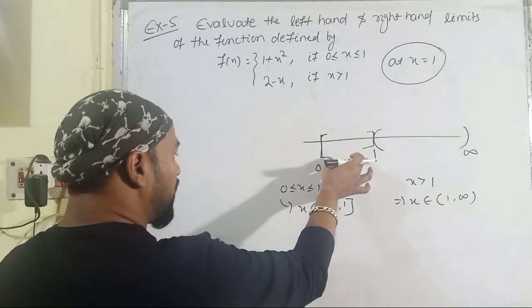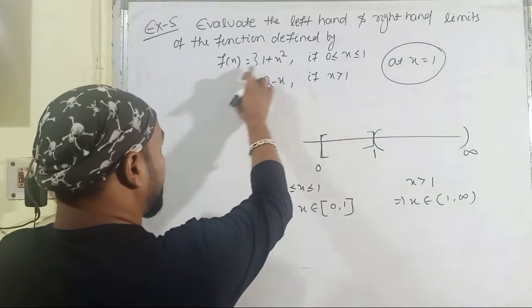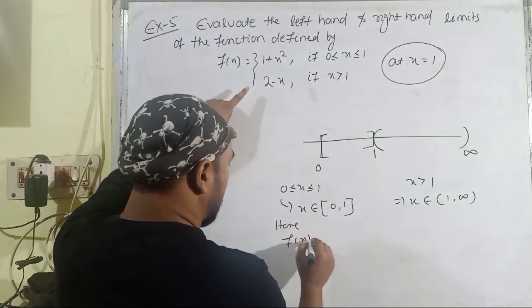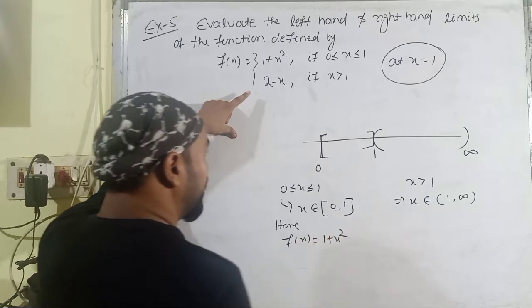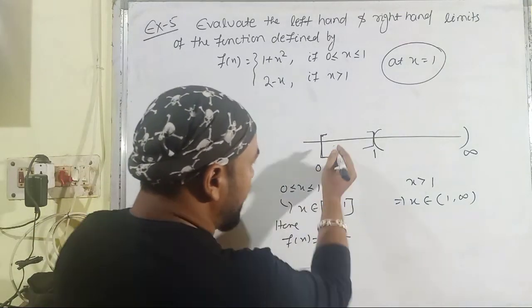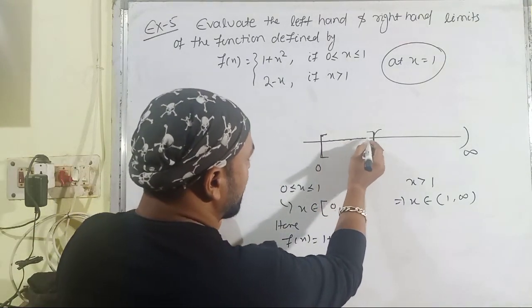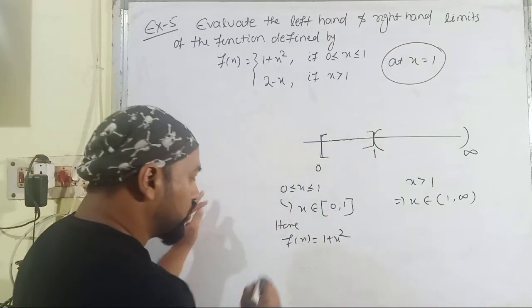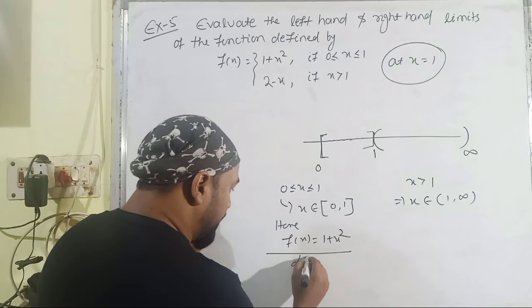So in the closed interval [0, 1], the function is given by 1 + x². Here f(x) = 1 + x². And these intervals lie towards the left hand side of 1, so it is the left hand limit.